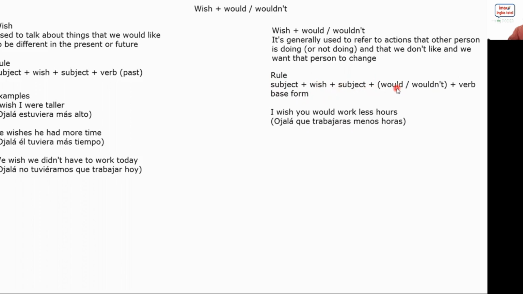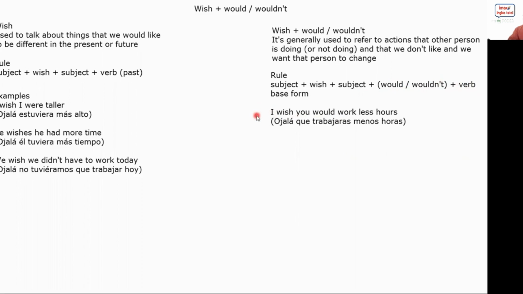Then we use the auxiliary would and wouldn't because this is a hypothetical situation. Plus the verb, the action, happening or not happening, in the base form. Remember that when we use the auxiliary would or wouldn't, we always use the base form of the verb.